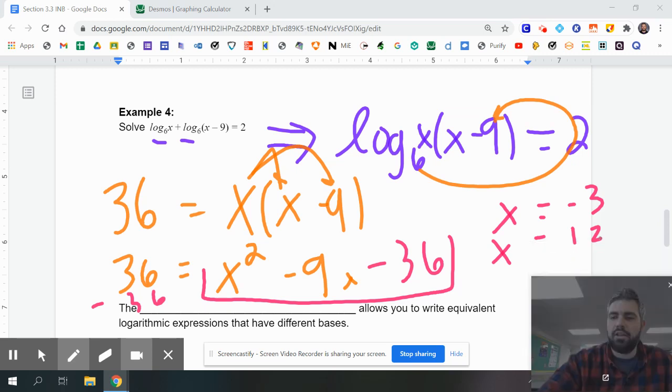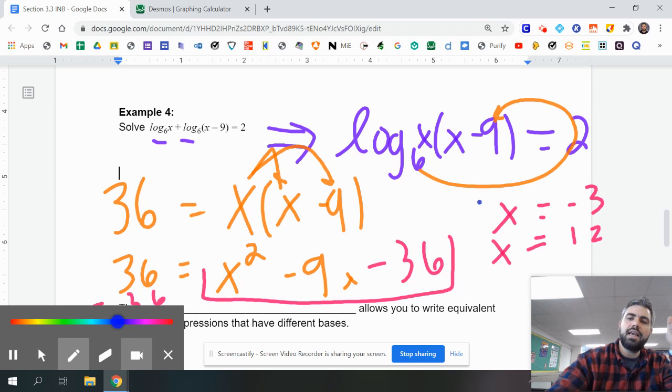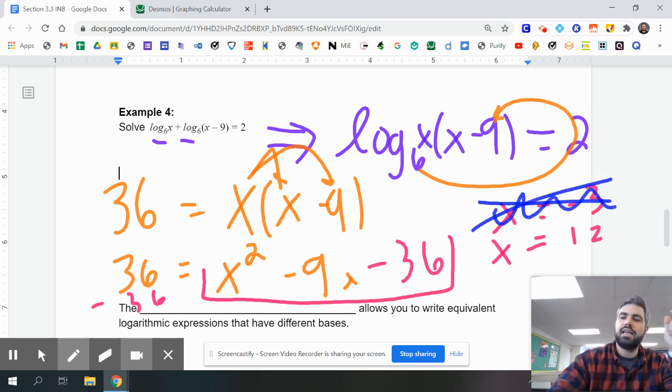Now, I'm going to let you in on a little hint. One of these is not right. But which one? Think back to section 3.2 when we talked about logarithms. For the first time, we said that you cannot have a logarithm of a negative number, because something to a power is never equal to a negative. So automatically, I can cancel out -3 and say that it is not an answer.